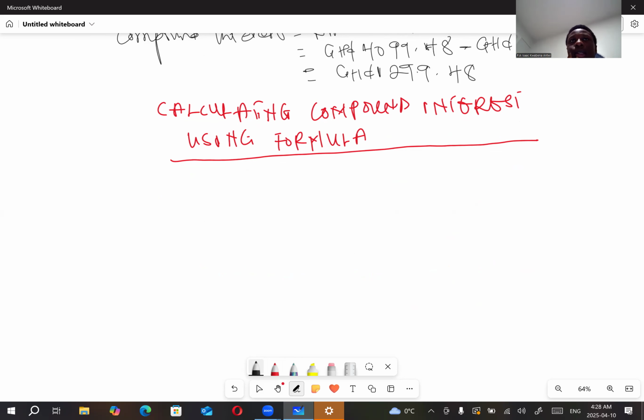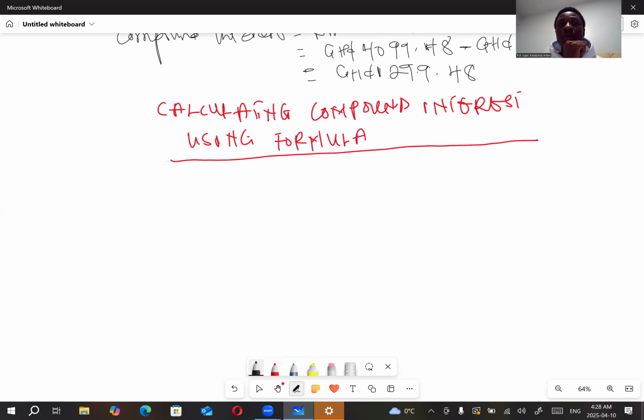So here is the thing. If I give you any question and I want you to find the compound interest, you can choose to use this step-by-step procedure, or you can choose to use a formula. You can choose any of these two. Now, if the question is specific that calculate the compound interest using formula, then you have to use the formula.